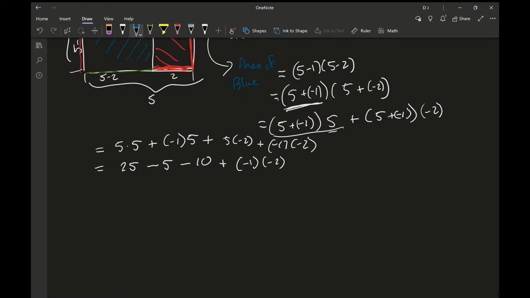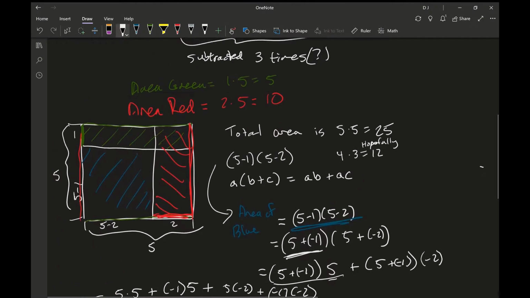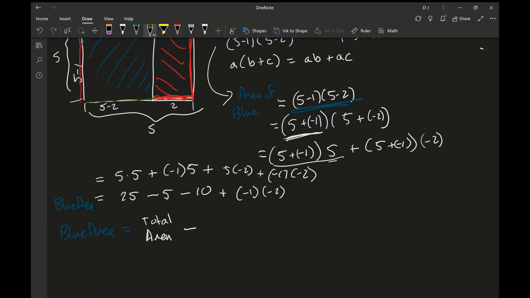Like the blue area, this is what we started with, is going to equal this total area minus the green area minus the red area.